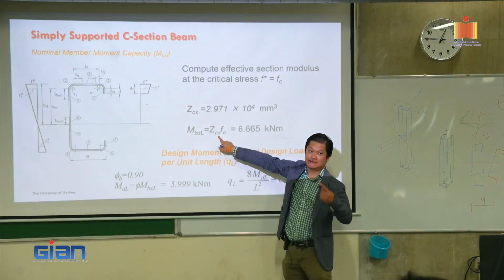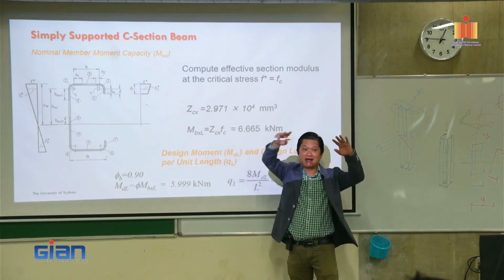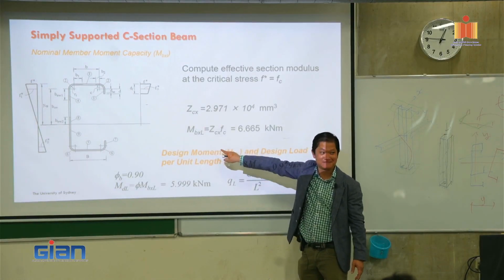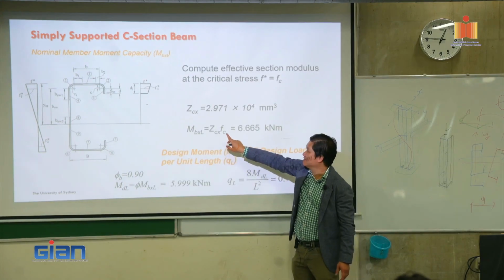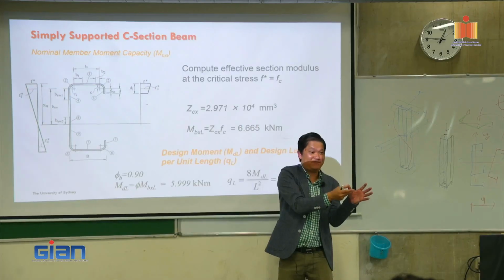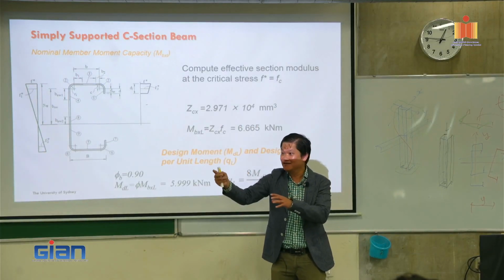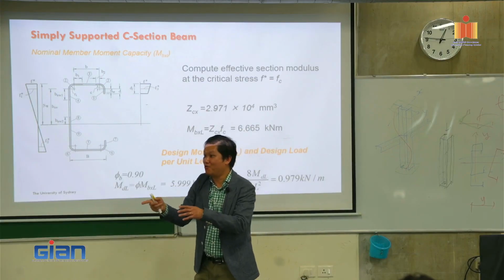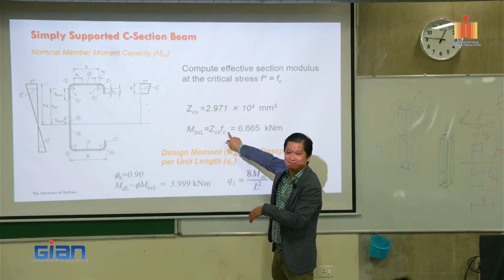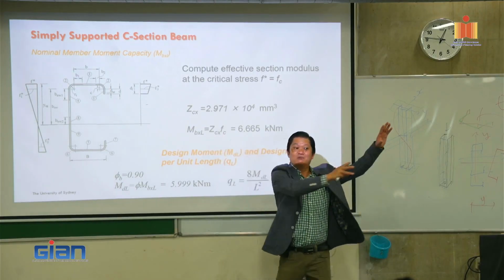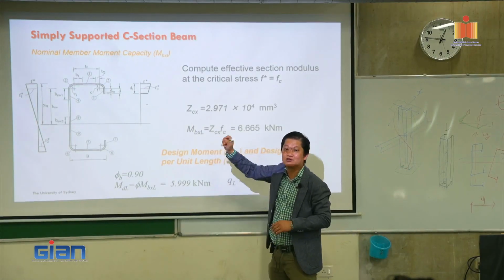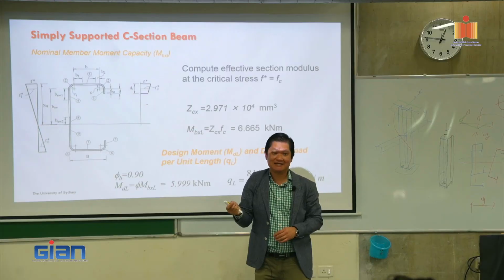Okay. The ZEX that we work out from that one is different from this one. Why is it different? This one is the effective section modulus when F star is equivalent to MO, MS equivalent to FC, right? But the one that we just did, it means that we calculate with FC equal to FY. So that is slightly different.